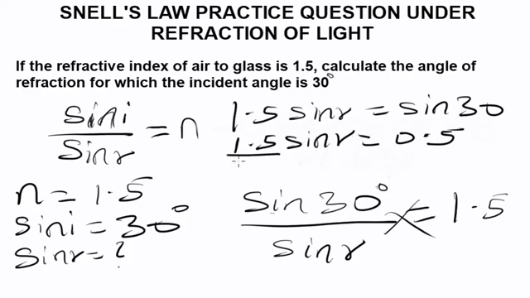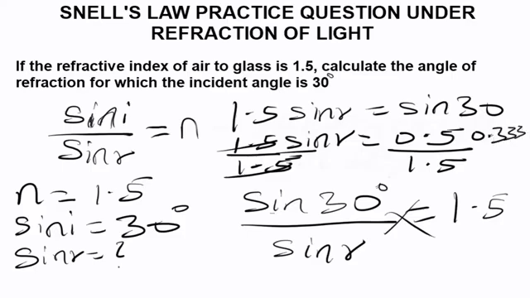Divide both sides by 1.5, so the 1.5 cancels. We are left with sine r equals 0.5 divided by 1.5. If you divide it, you get 0.333, and the 3s keep repeating if you punch it in the calculator.